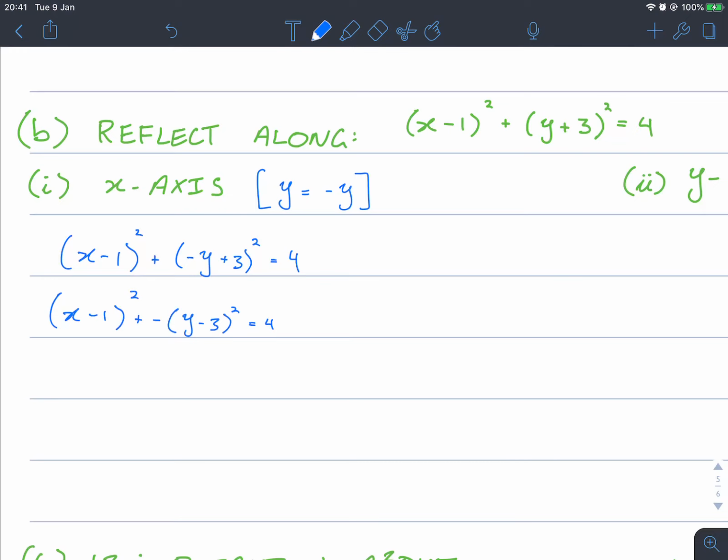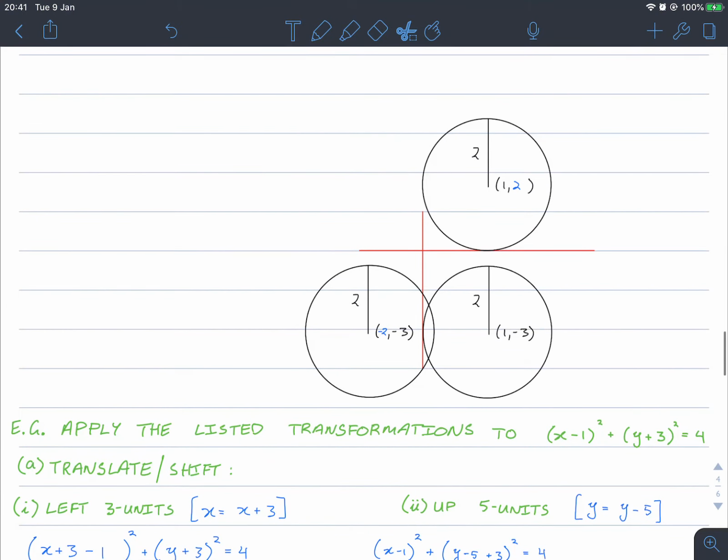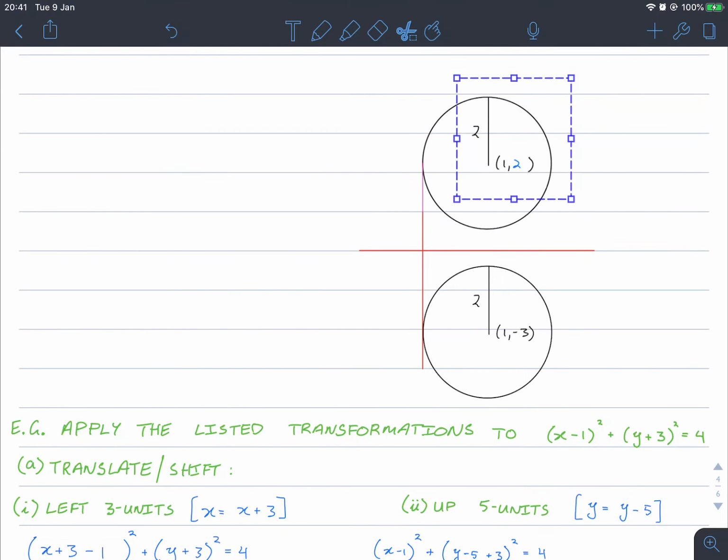Considering that this is a circle, we can disregard this because visually, I'll draw it up here. If the original was as shown, like so, a reflection along the x-axis would mean the x values have not changed, but the negative 3 will now be a positive 3, like so.